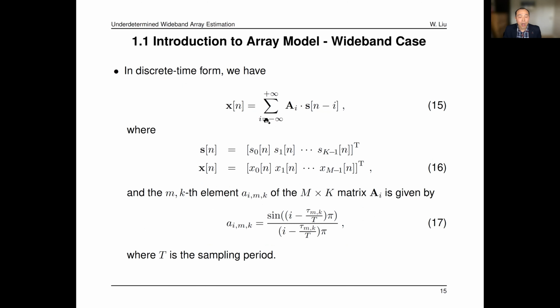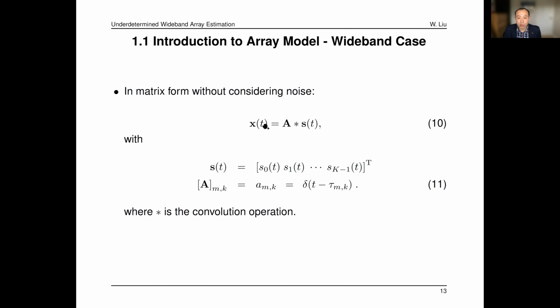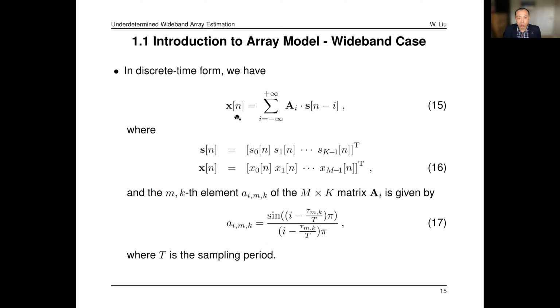If you go back to the time domain model and consider the discrete time case, after sampling you will have this discrete time model. Here s[n] is the signal vector at time instant n, and then you have this discrete time convolution.